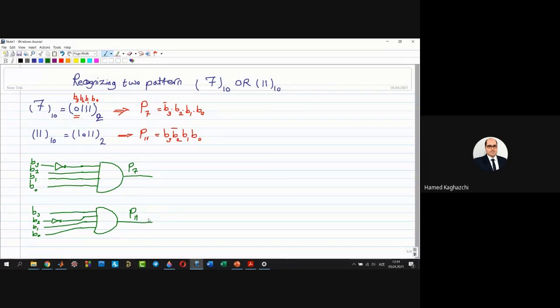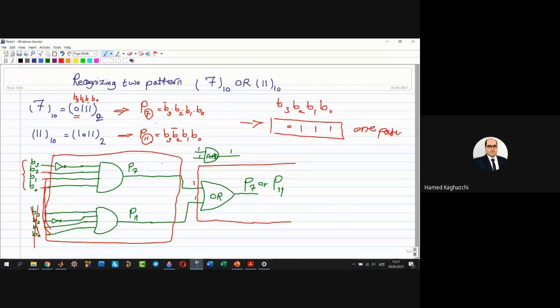Now I want to have a 1 if one of them comes to the output. What kind of gate can I use here? Because I want to have one of them, P7 or P11. If I use an AND gate, what happens?